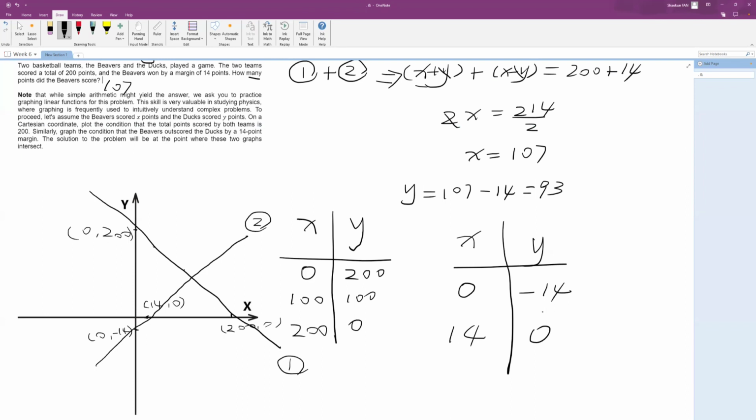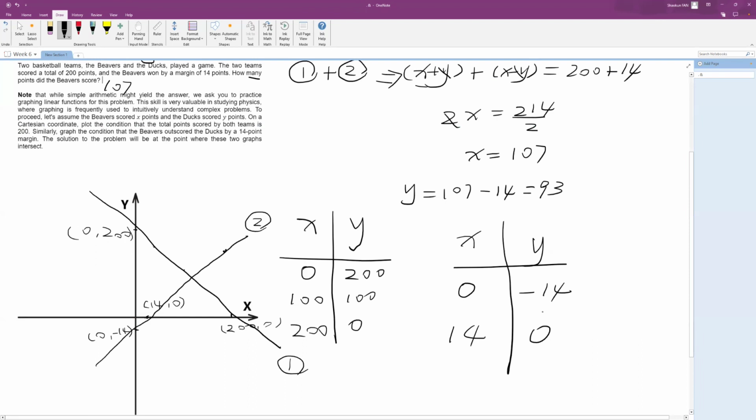Again, the meaning of the points on this line is that the difference between x and y is always going to be 14. So for any point here, x minus y is going to be 14. So all the points on this line have a difference of x and y equal to 14, and all the points on the other line have a sum of x and y equal to 200.